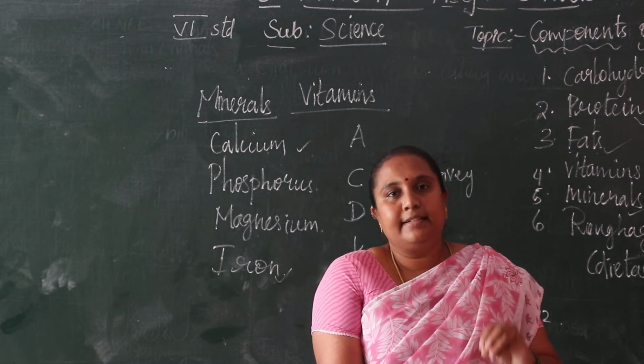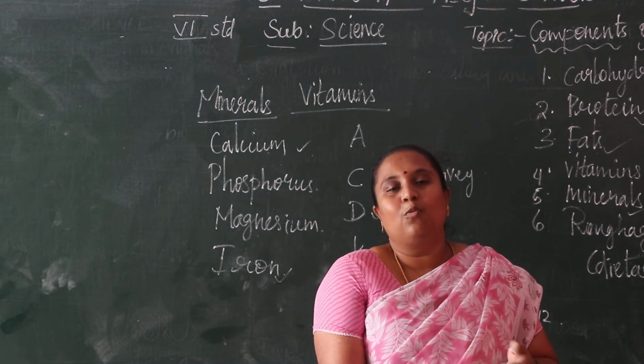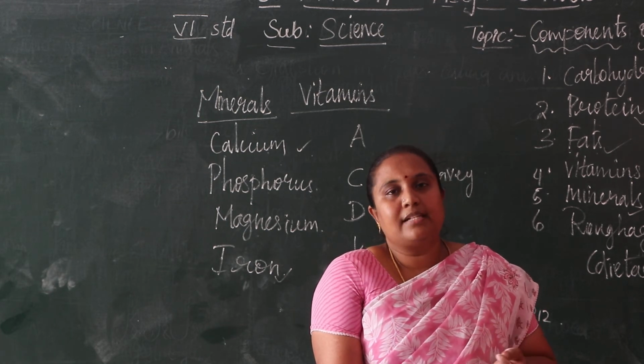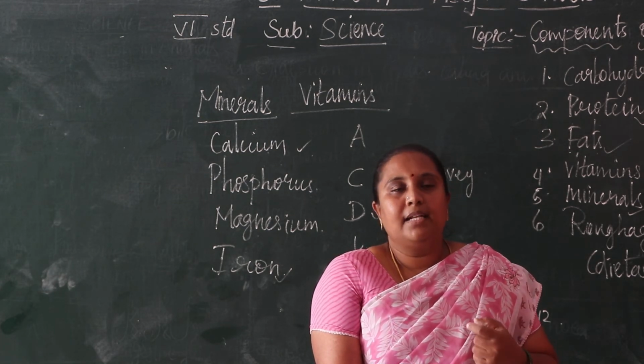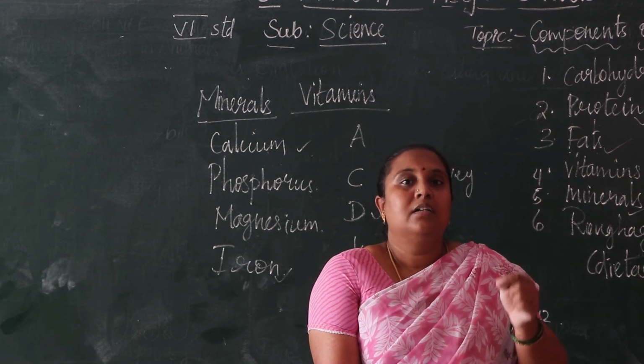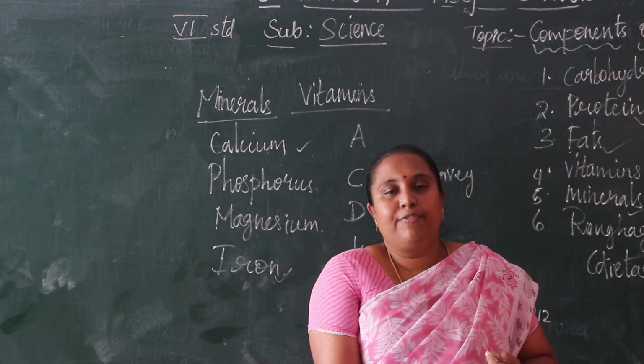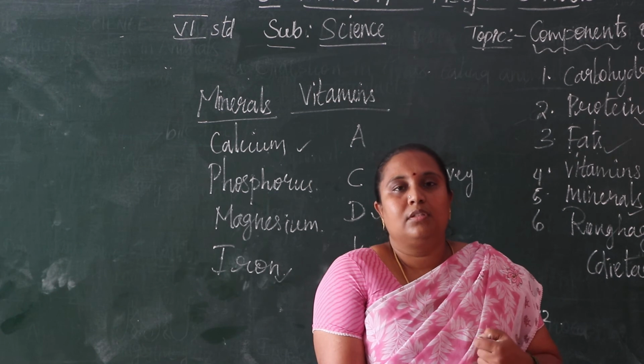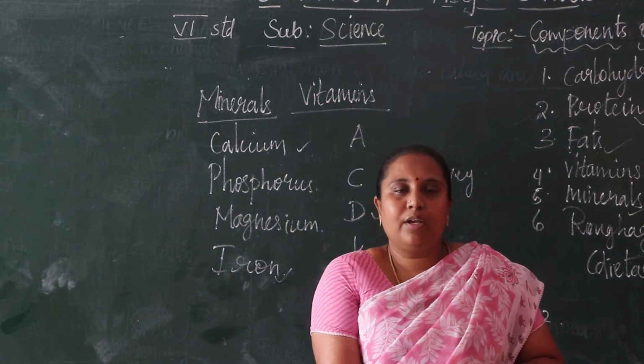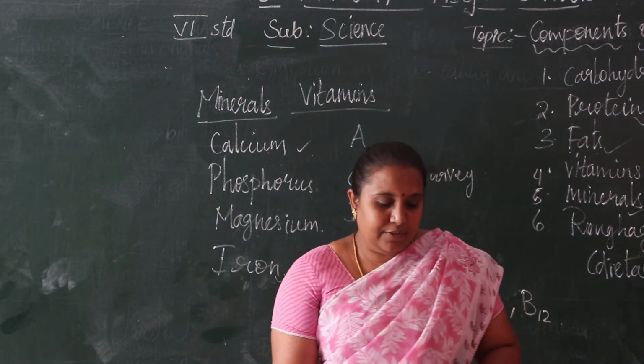We should eat a little and drink more water. So that we can say is a balanced diet. The correct quantity of roughage and water also is included in the balanced diet. Understood, children?